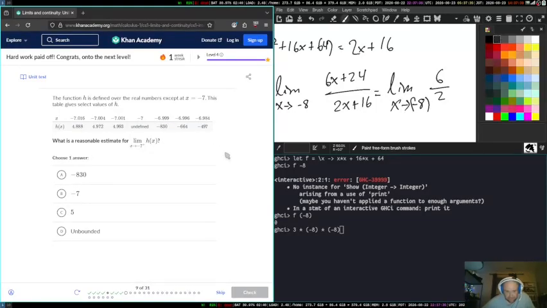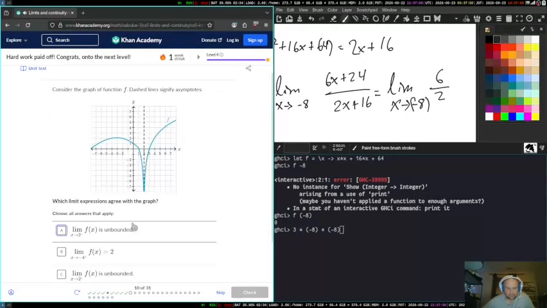I don't know. This function's diverging really quickly. I would guess negative infinity. It has an asymptote. Okay.